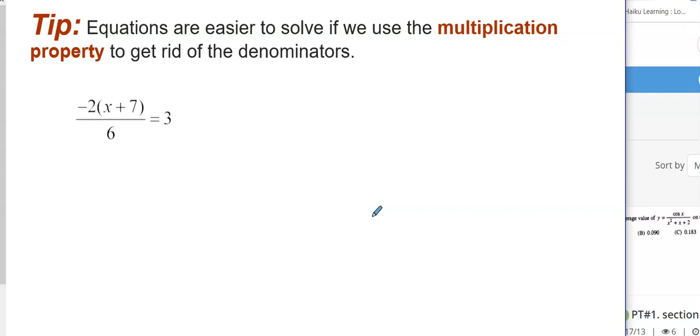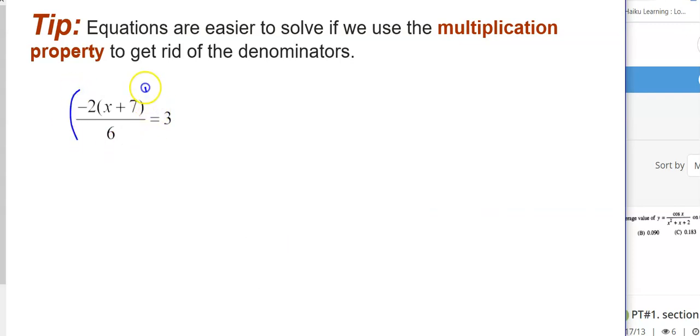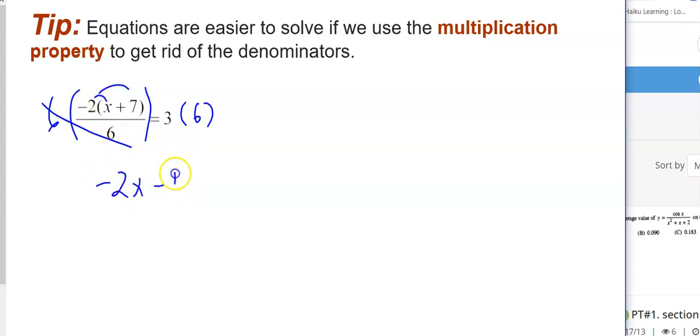Sometimes it's easier to multiply first on some of these. Like in this case, I could multiply both sides by 6 to get rid of that denominator. That would be really handy there. So I'm going to distribute inside of there. That would be negative 2x minus 14 equals 18. Add 14 to both sides.